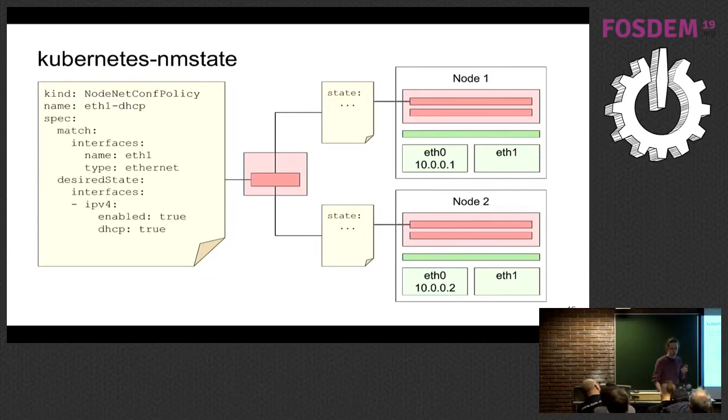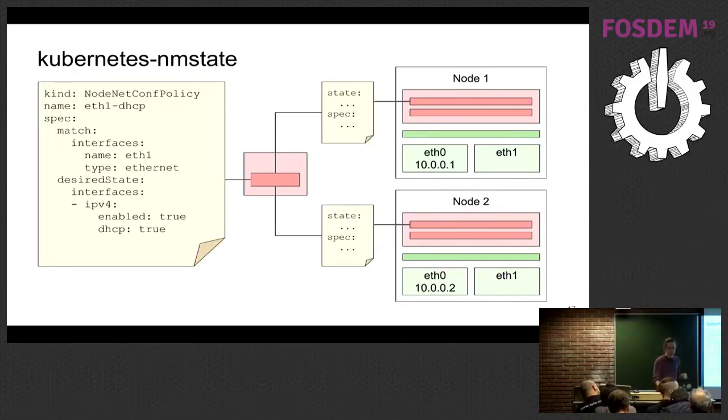For instance, I can have this specification that says, if you find an interface called ETH1 and it's an Ethernet interface, then use DHCP to configure an IP address on it. So what the controller in the middle does, it iterates all node network states, and if it finds this ETH1 interface, it updates this node network state with a new specification to get the desired state.